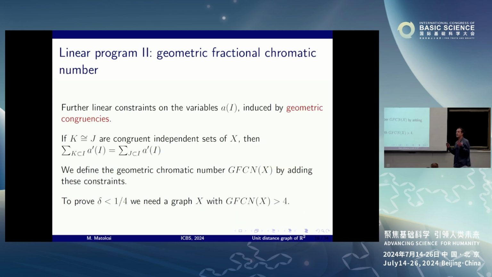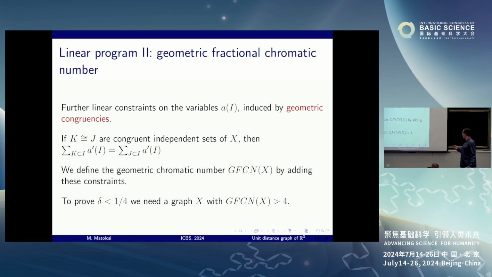And this gives the idea of the so-called geometric fractional chromatic number that we introduced a couple of years ago. Namely, we can put further linear constraints on the variables due to the underlying geometric properties of the graph.